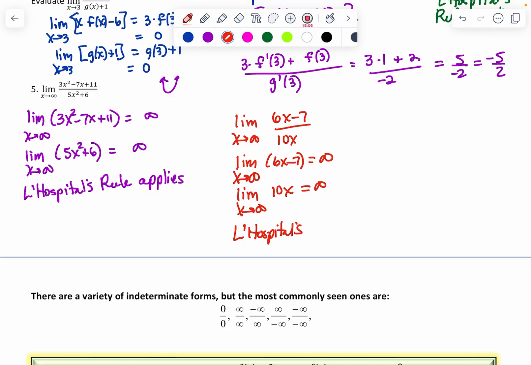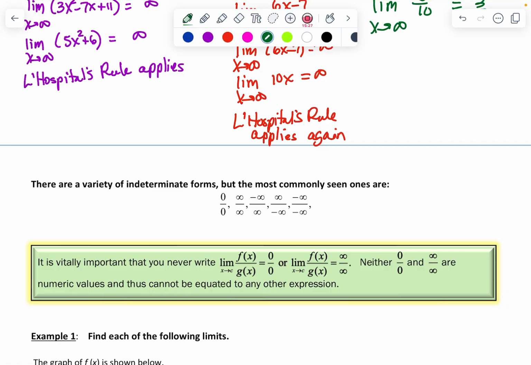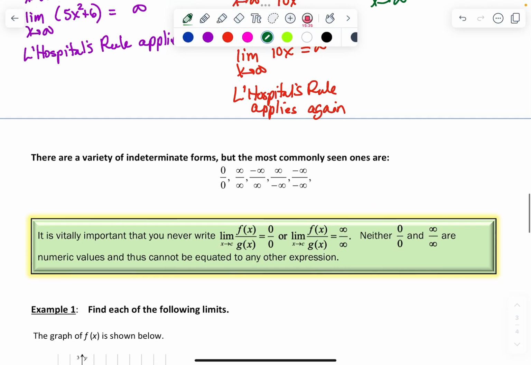So L'Hopital's rule applies again. So then we are going to do 6 over 10, which is 3/5. Okay, so here are the most common. Just remember to never, never, never write equals 0 over 0 or equals infinity over infinity.